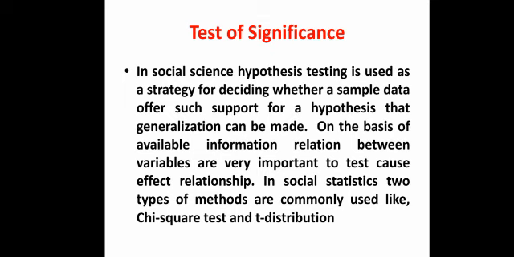On the basis of available information, relations between variables are very important to test cause-effect relationship. In social statistics, two types of methods are commonly used: chi-square test and t-distribution.